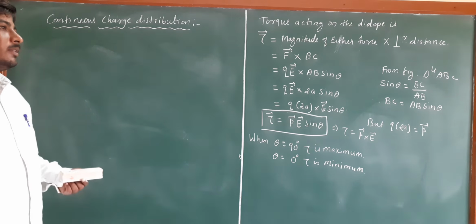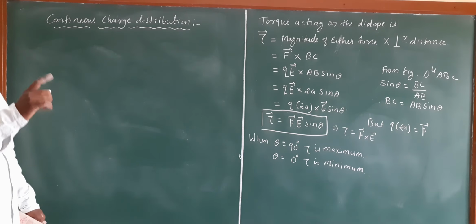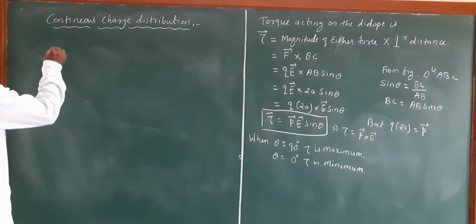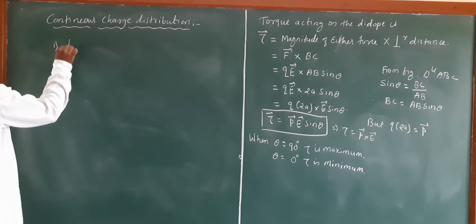Suppose there is one straight wire. The first one is the linear charge density.